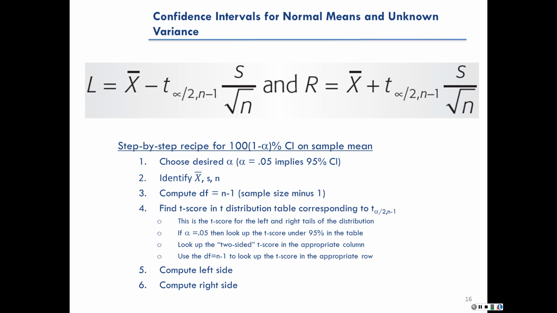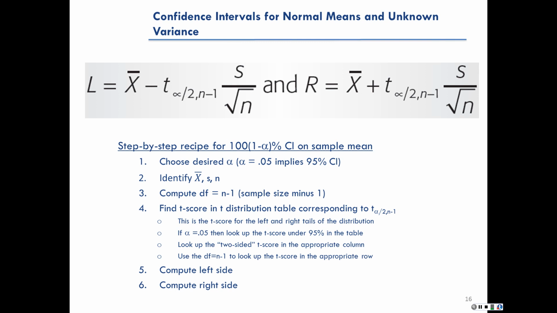Instead of subtracting a z statistic, though, we're subtracting the t statistic. Again, that t statistic is based on the value of alpha we choose divided by 2 because we're interested in both tails of the distribution, and then the degrees of freedom, which are equal to n minus 1.